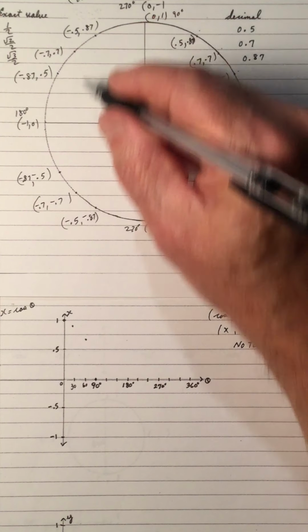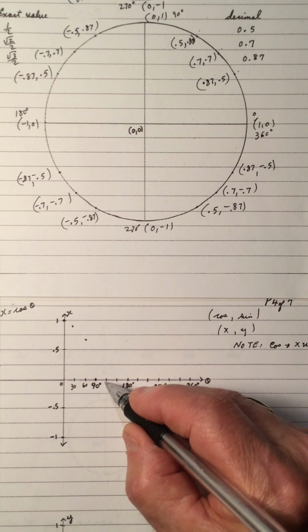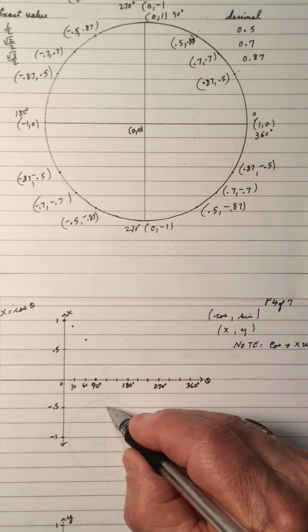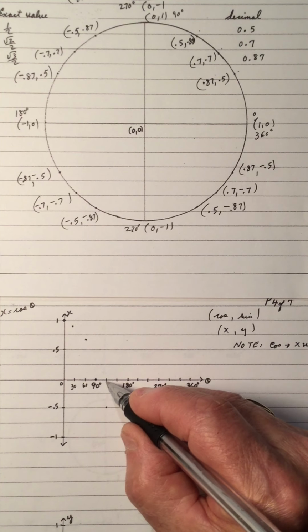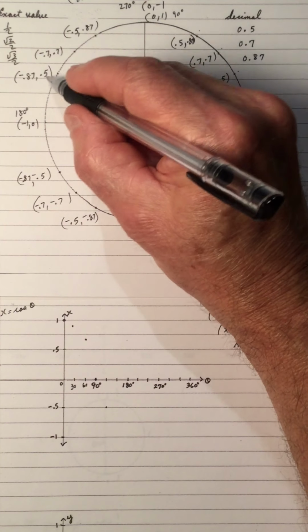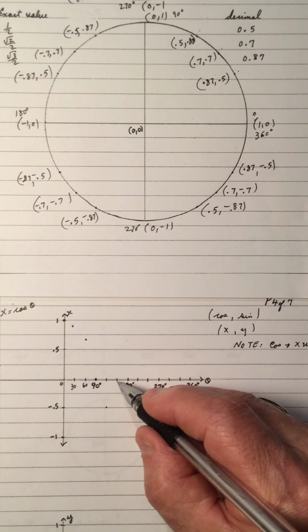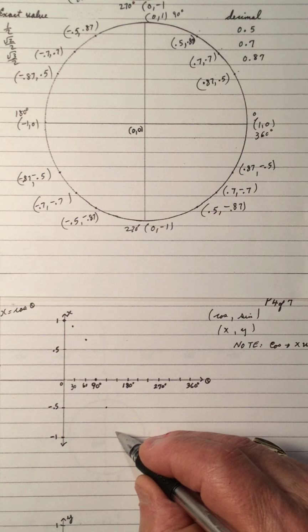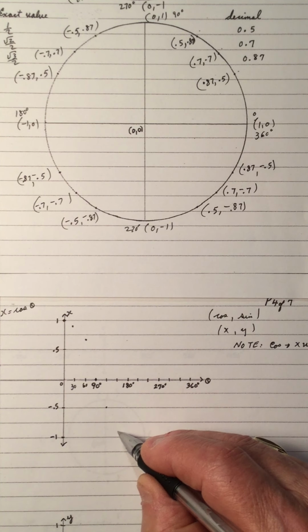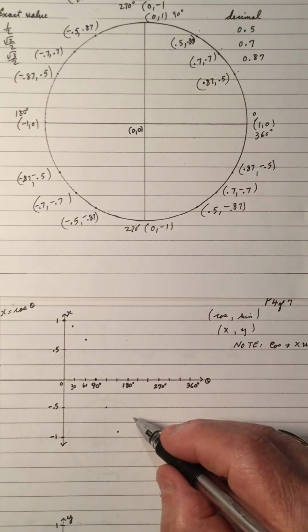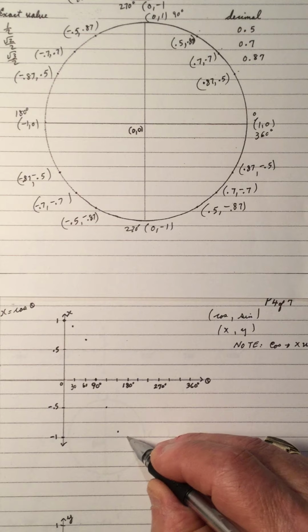And as you go over here, you go to the next one, you have negative 0.5, which is right here. That's 120. Then you go to, I'm leaving off the 45, negative 0.87. So there it is right here, roughly. And a 180 is x is negative 1, which is right here.